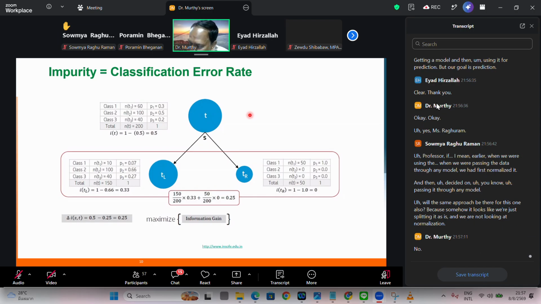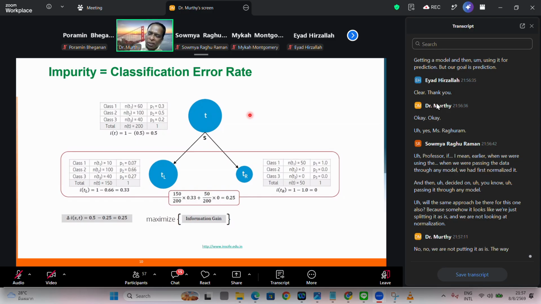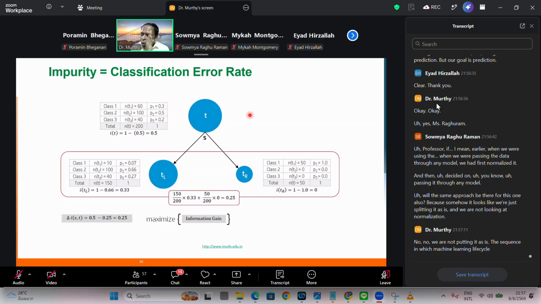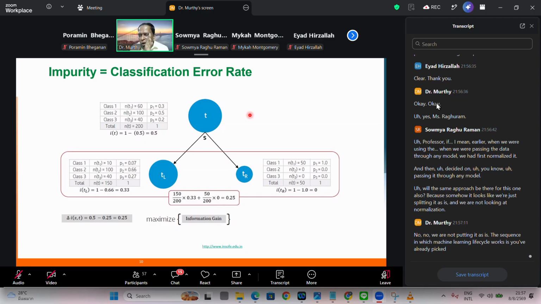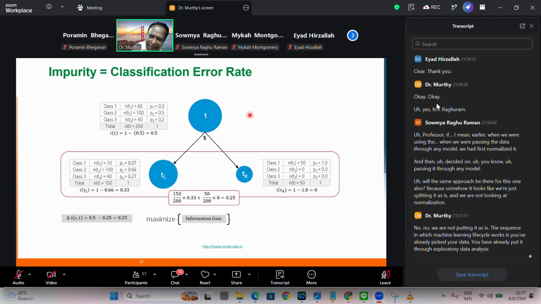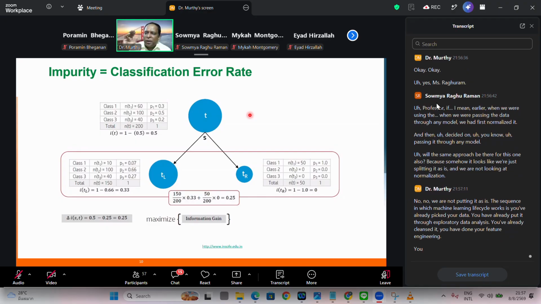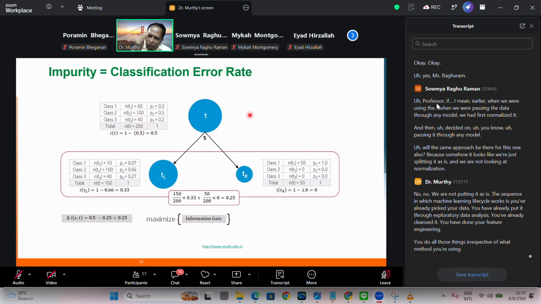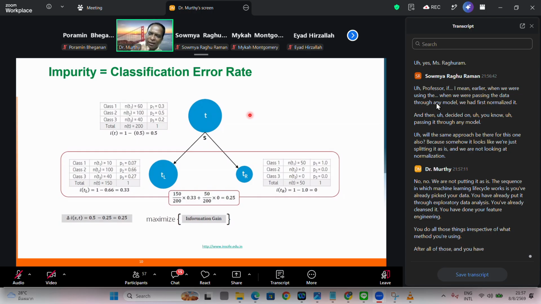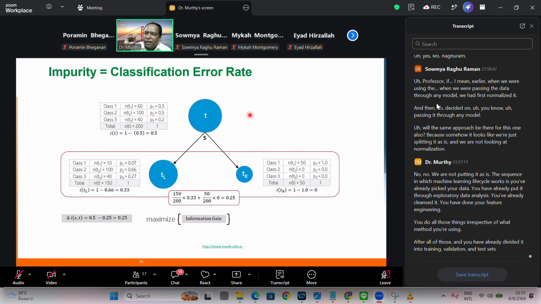No. We are not putting it as is. The way the machine learning life cycle works, you've already picked your data. You have already put it through exploratory data analysis. You've already cleansed it. You have done your feature engineering. You do all those things irrespective of what method you're using. After all of those, and you have already divided it into training, validation, and test sets, then you decide which method.